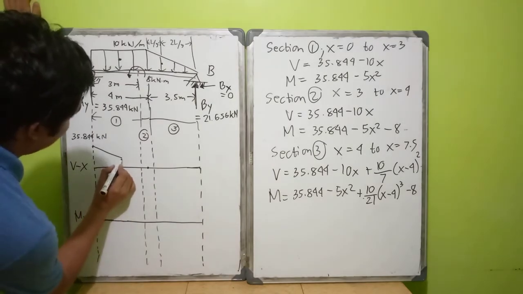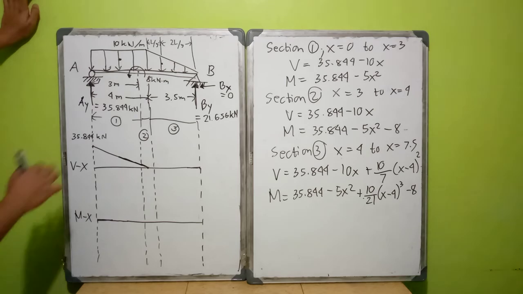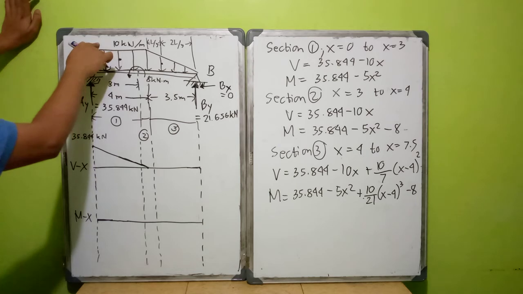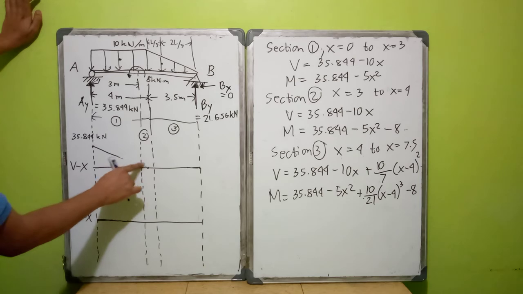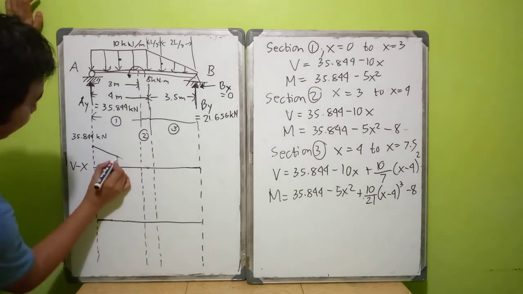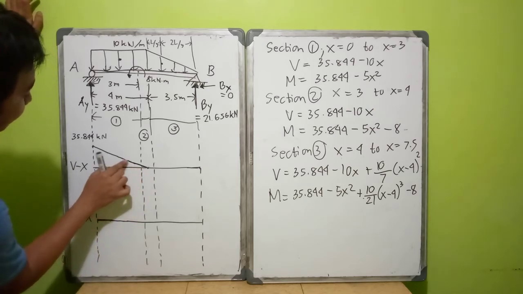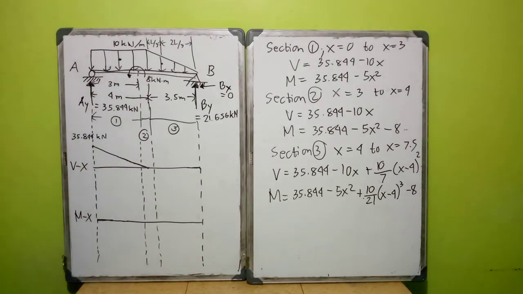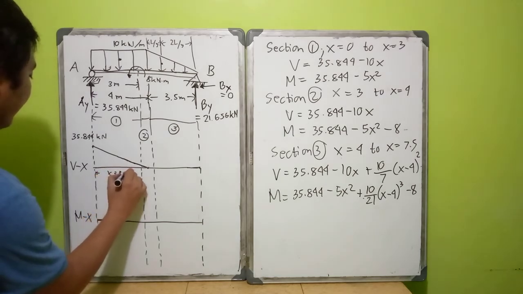Since the load is a 0 degree curve, the shear will be a 1 degree curve, or a slant line. If you don't understand it yet, please watch part 1 of our video series. So it will intersect at x equals 3.5844.